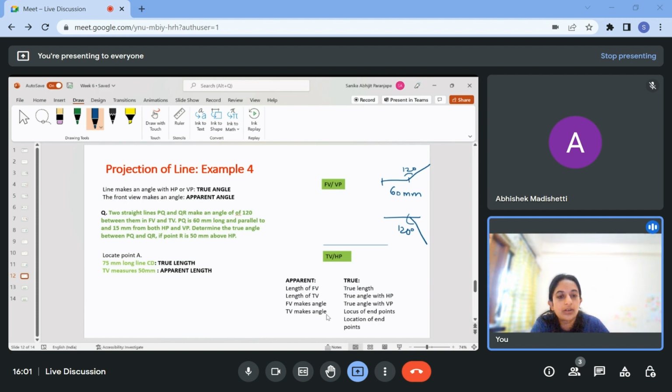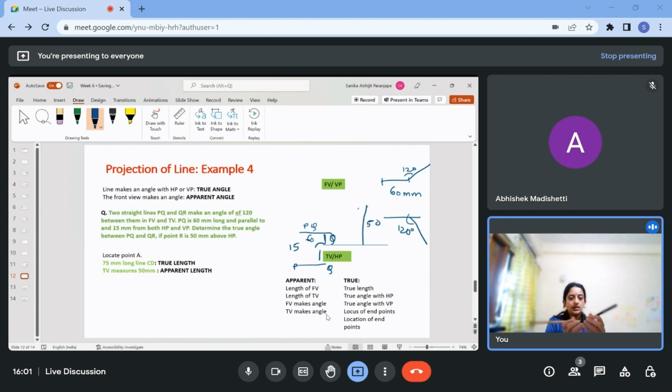So we can directly draw PQ here and PQ here. Length will be 60 and this distance will be 15 mm. Now they have said to determine the true angle between PQ and QR given that the point R is 50 mm above HP. So this was my Q point, this was 15 and this will be 50.